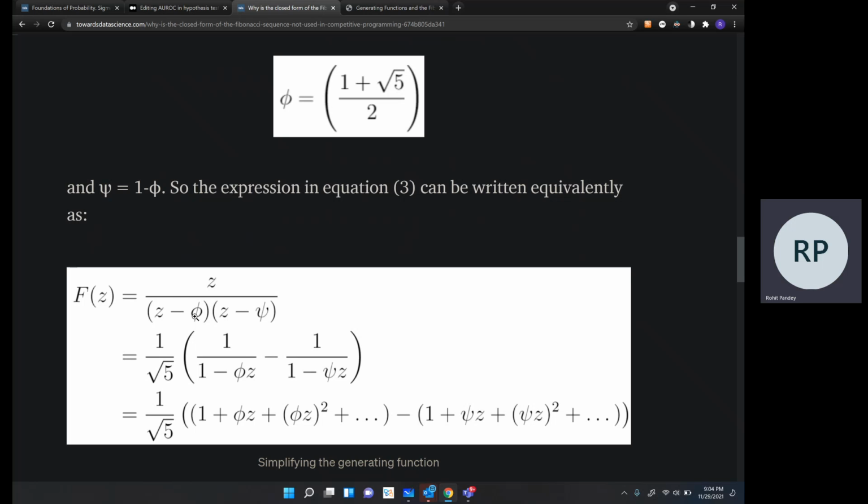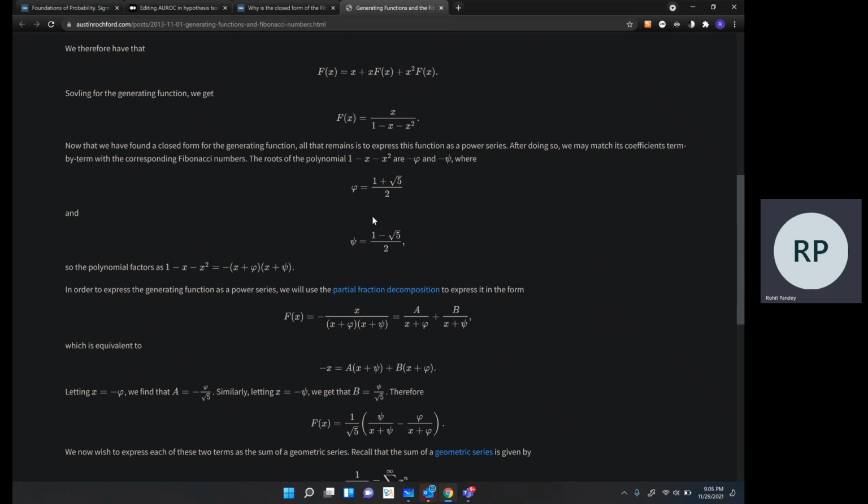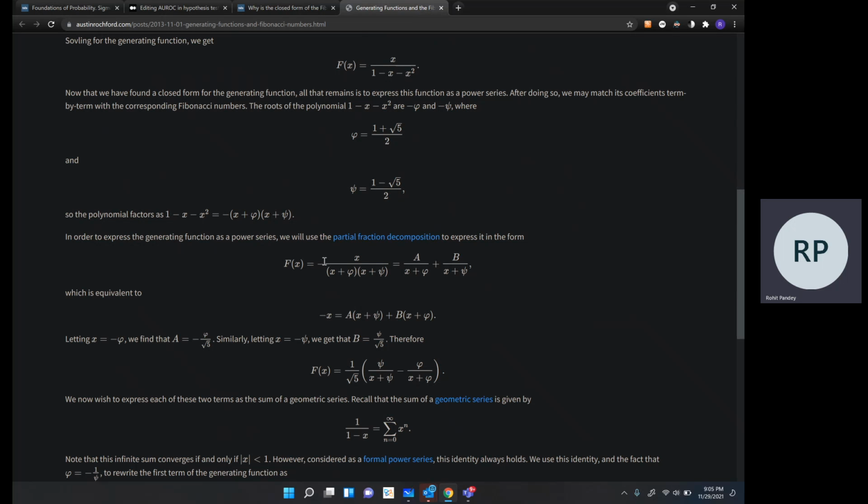And now you can take this term and split it up, right? Whenever you have a polynomial like this, you can do a partial fraction trick and separate these two terms out. And this other link goes into the detailed math of it, where you try to express it as a by the first term plus b by the second term.